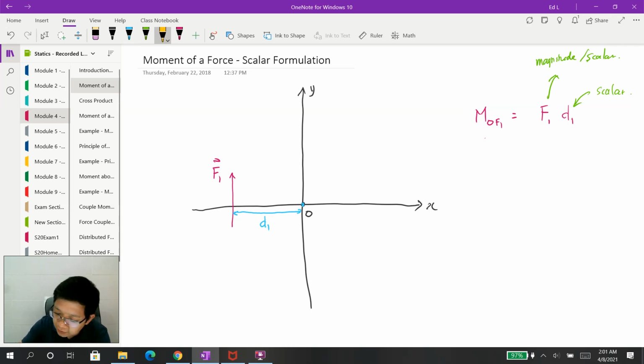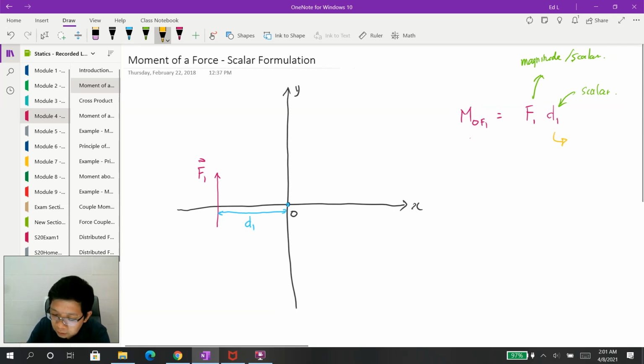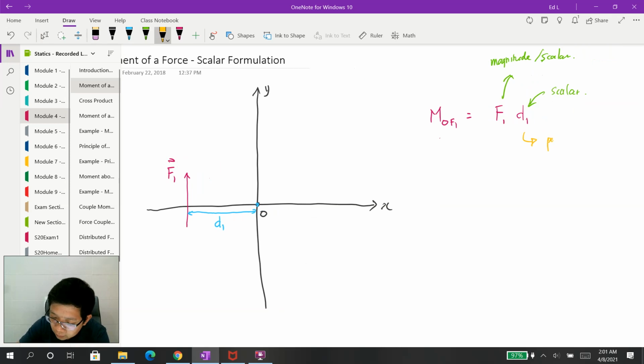To be more specific, that is the perpendicular distance between the reference point O and the location where the force is applied.